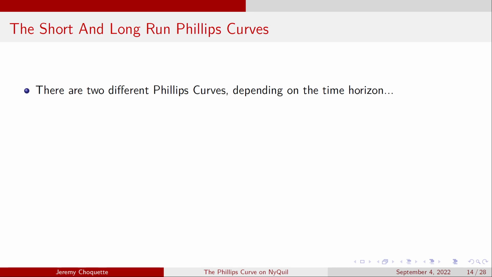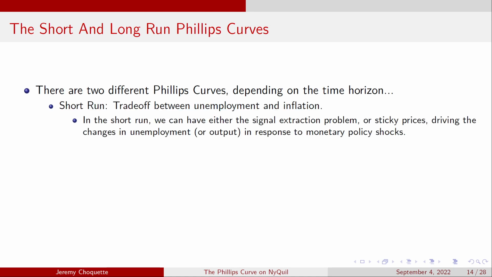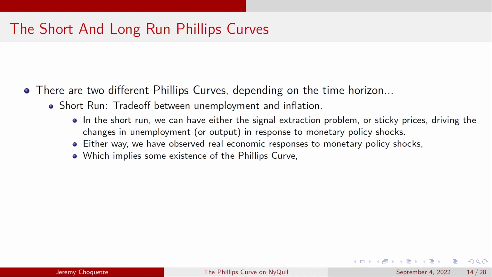So in terms of short run stuff, there are different ways to think of the Phillips curve, but when we come to comparing short and long run stuff, there are also different ways, right? In the short run, there is a trade-off between unemployment and inflation. Whether it's a signal extraction problem or sticky prices, we have observed real economic responses to monetary policy shocks, which implies that there is some existence of the Phillips curve today.